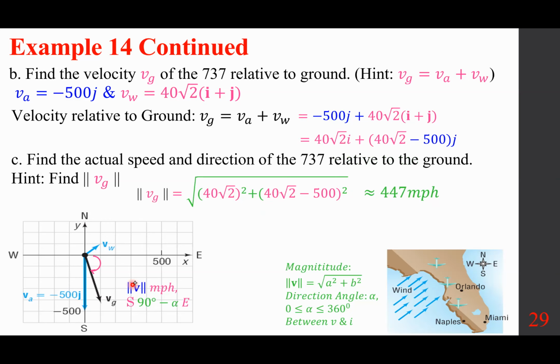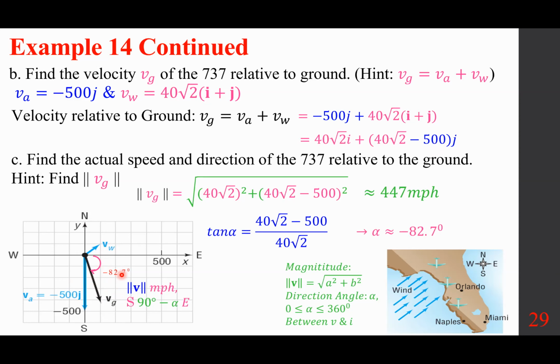Now, this angle: tan of this angle is the component J over the component I. So 40 square root of 2 minus 500 over 40 square root of 2. That is the angle we're going to call alpha. Using a calculator and inverse function, alpha becomes negative 82.7. Remember, this whole thing is 90 degrees, right?